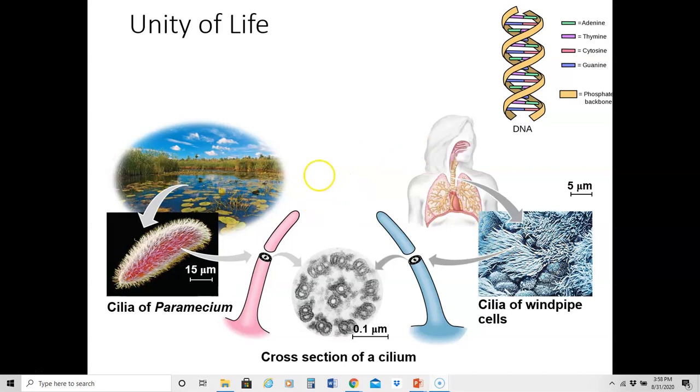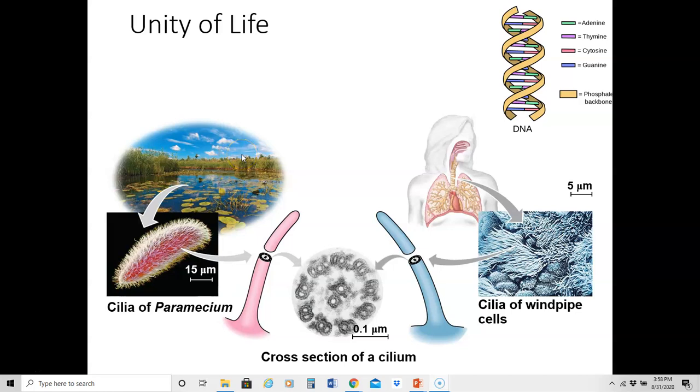So while these two structures, they're both cilia, but they're found in extremely different organisms, a single-celled protist versus a human. But if we look at the cilia cross-section of a Paramecium and of the cilia found in the windpipe, we can see that the structure is almost identical. So evolution can explain why those structures are so similar between a protist and a human.